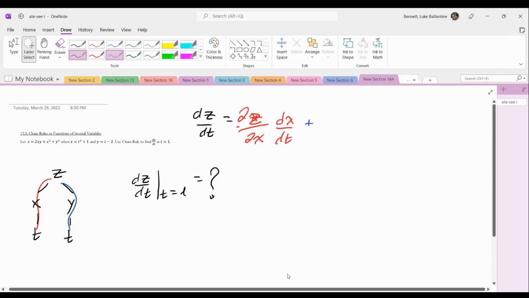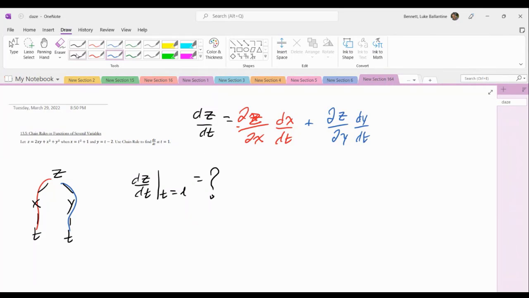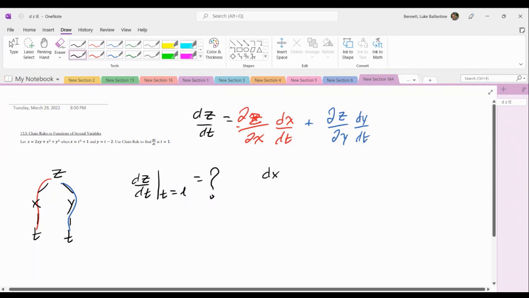Okay. Plus partial z, partial y, dy/dt. So dx/dt is just 2t. dy/dt is just 1.